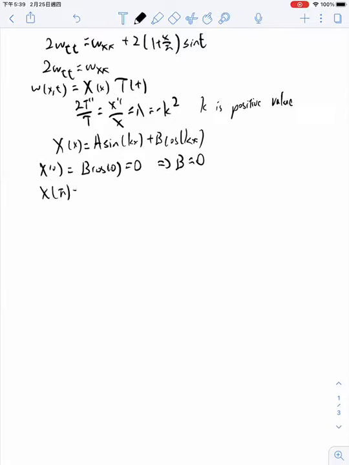And at x equal to pi, you'll get a sine k pi here, and this also needs to become 0. So k needs to be a positive integer.